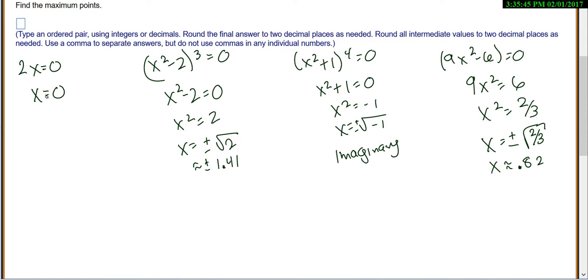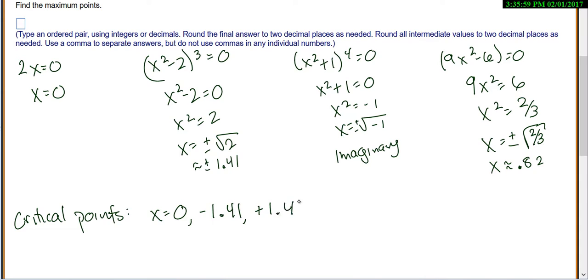So we've done all this. We have our actual critical points. So our critical points: x equals 0, negative 1.41, positive 1.41, imaginary, we don't need those, positive 0.82, and negative 0.82.